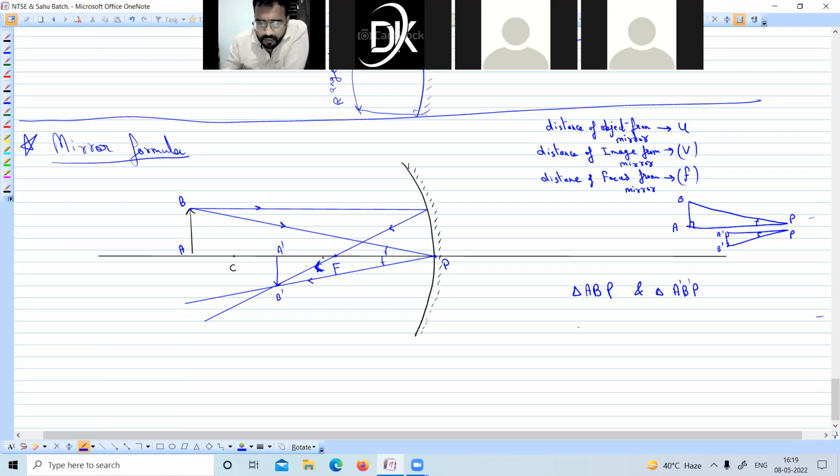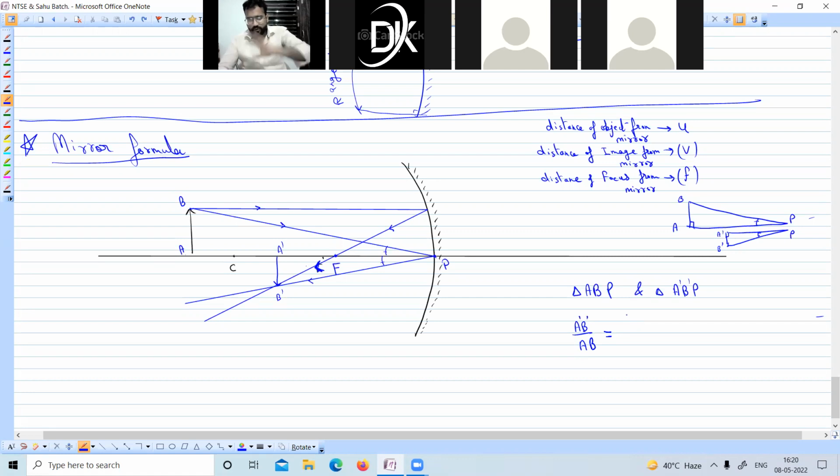So if they are similar, then AB upon A dash B dash. Why are we taking this? Because we needed the ratios of the image and object. So that is why I have written in this way. Or you can write A dash B dash upon AB. You are independent to write any of the terms. So A dash B dash means a smaller triangle in numerator, bigger triangle in denominator.